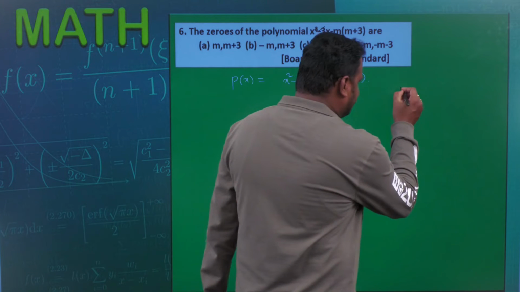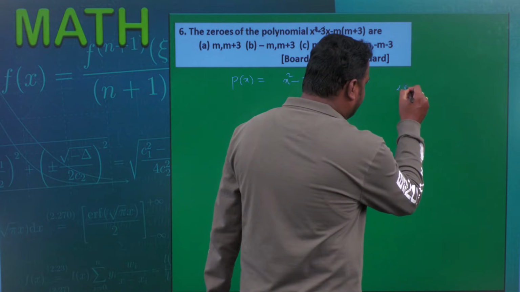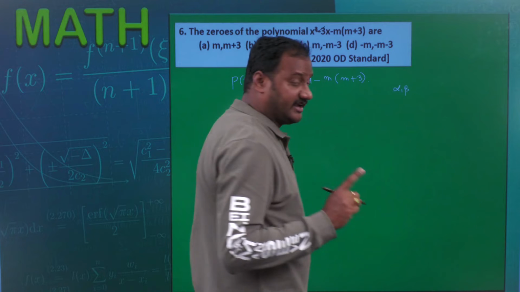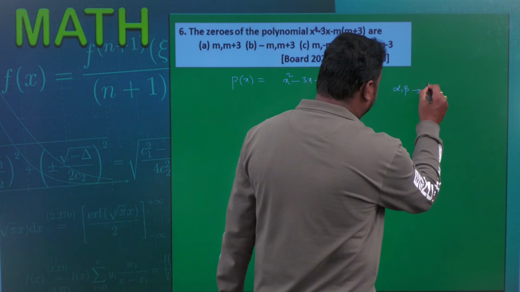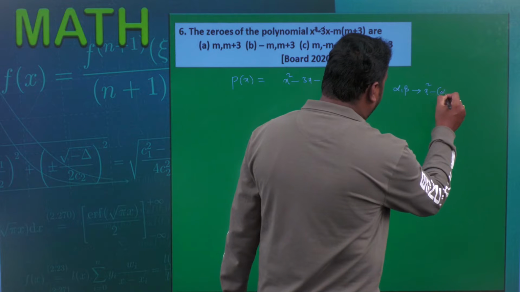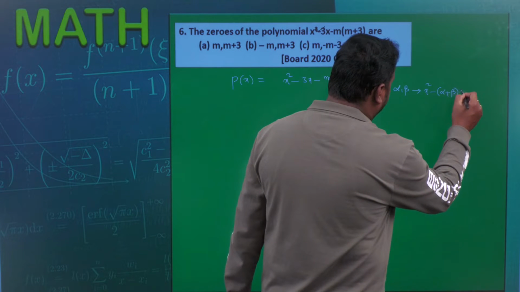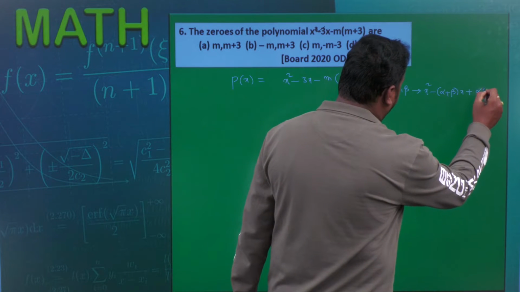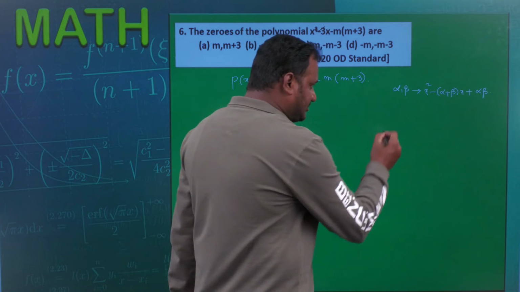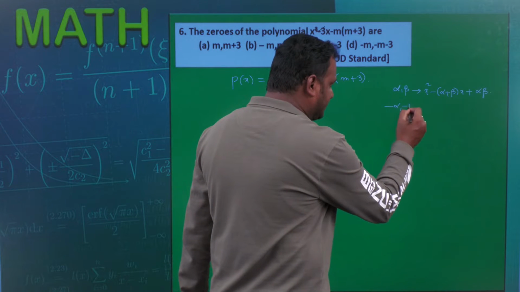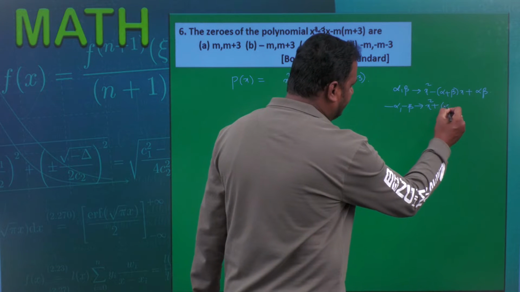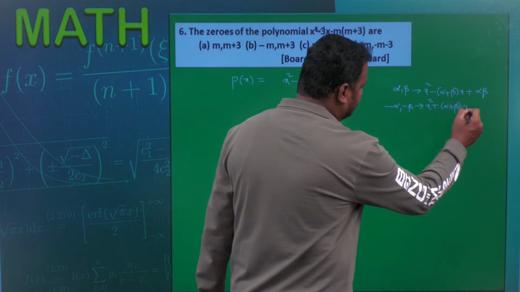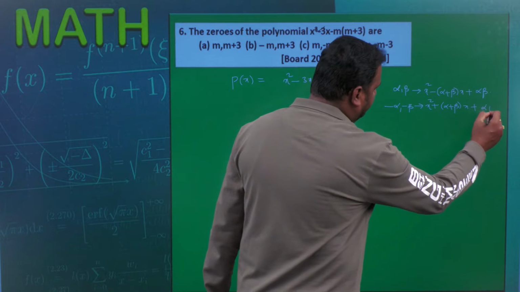Suppose if alpha comma beta are the zeros, then the quadratic polynomial is x square minus of alpha plus beta times x plus alpha into beta. Suppose if minus alpha comma minus beta are zeros, then the polynomial is x square plus alpha plus beta into x plus alpha into beta.